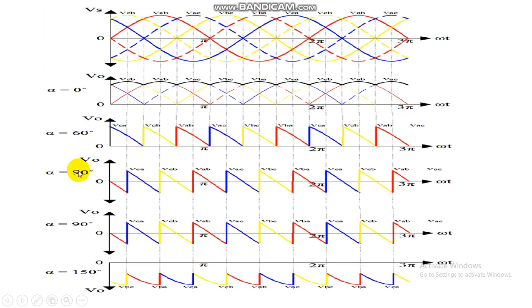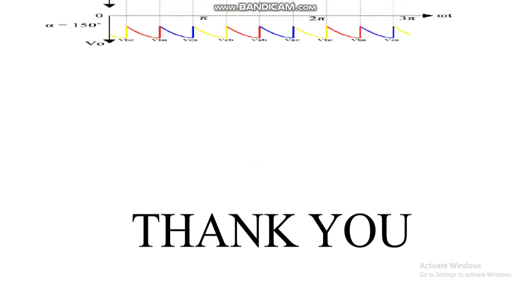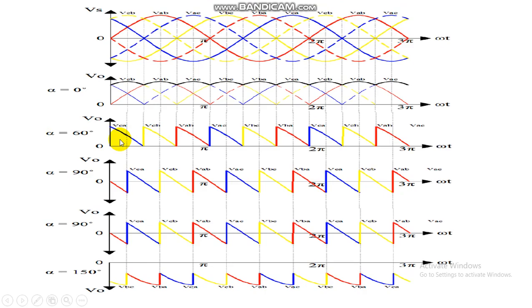Then it is very easy to understand the operation. If it is more than 90 degrees, the inverting operation takes place. Look at this, alpha equal to 60 degrees. When the B phase is on, meaning it is able to produce current to the load, thyristors T3 and T4 are conducting.